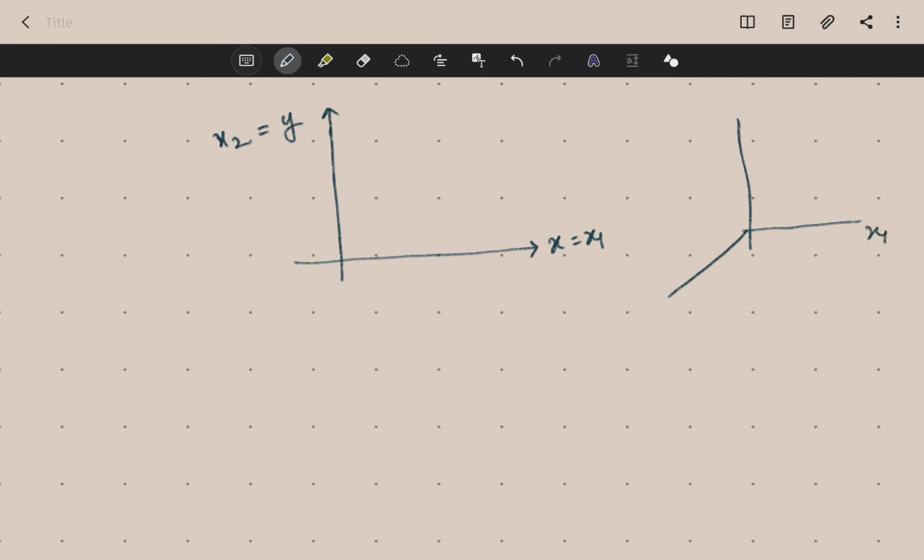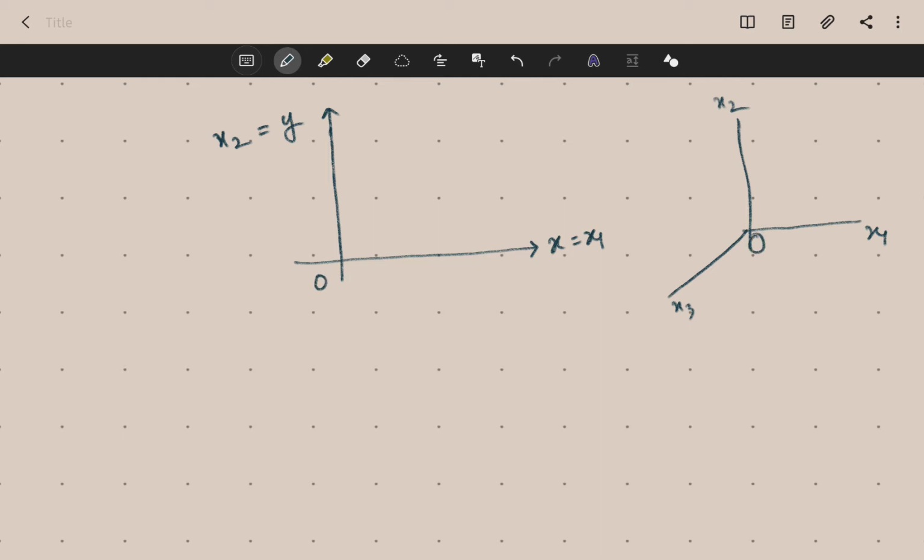Suppose we have this x and y axis. Let's say this x-axis we can call the x1 axis, and this y-axis the x2 axis. For the three-dimensional case, very similarly we can have the x1 axis, x2 axis, x3 axis. Okay, and these are the centers.